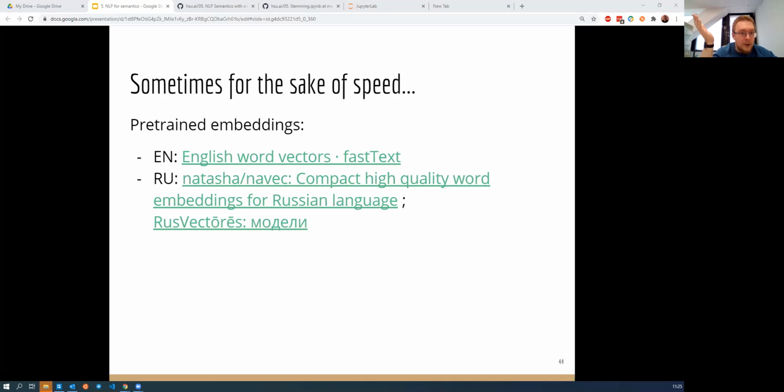And if you want to embed words, you know that there is a limited set of words, let's say 100,000 words. And you know that the embeddings for these words can be of 500 values dimension.